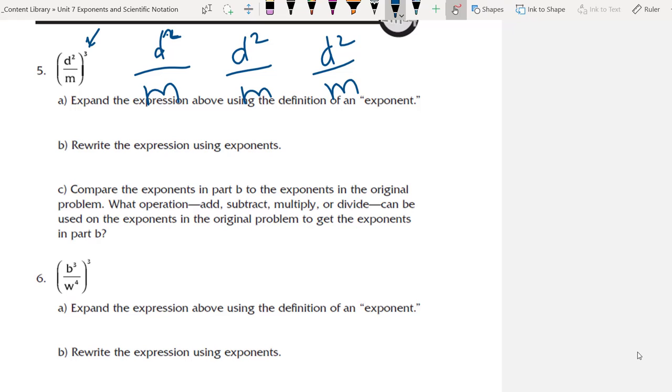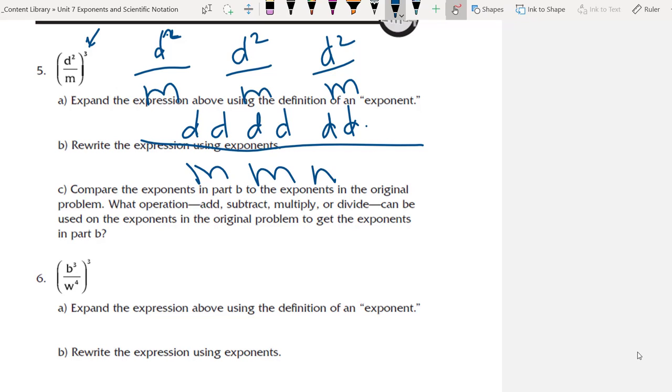And if we continue decomposing that, break all the d squares down to d times d. So there's 3 sets of those. And then m times m on the bottom.